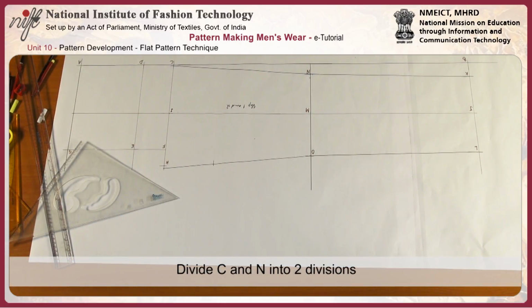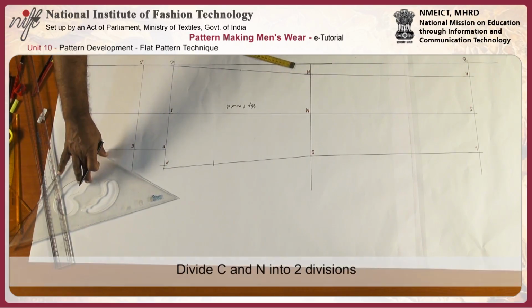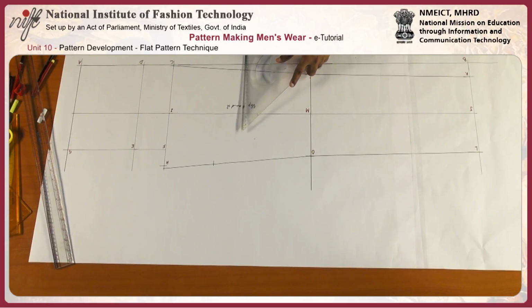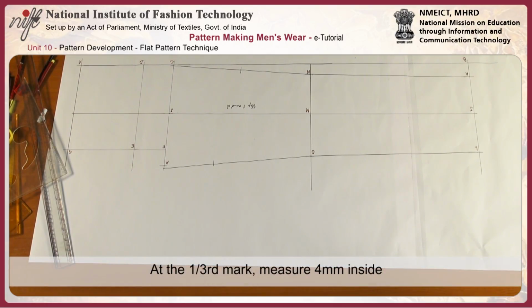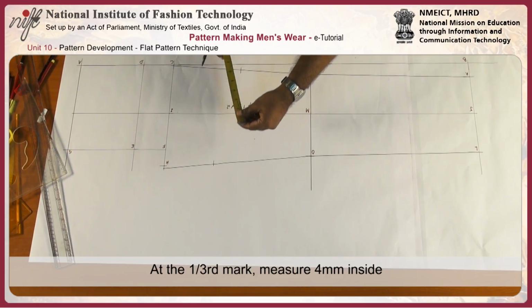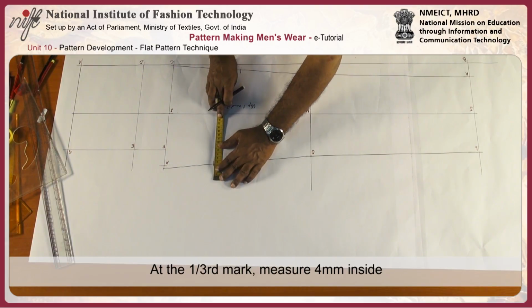And C and N into 2 divisions, which is 18 centimeter, where you need to give a cross mark. In the 1/3 mark, 4 mm inside.